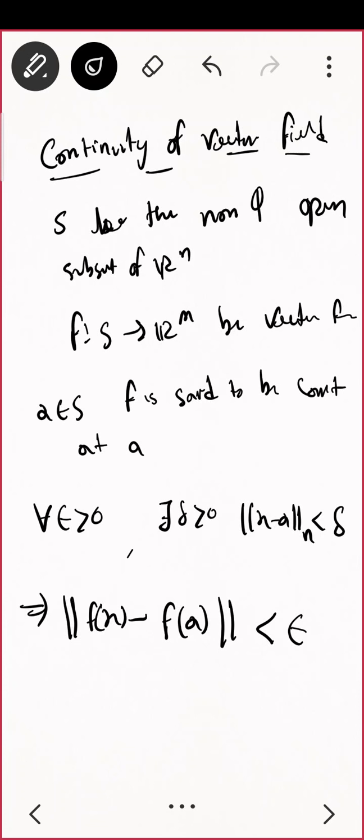Correct? And the next question will be, when do we say the function is continuous? When each of the coordinates is continuous, same as the previous one. So this is also, I give this as a homework to you. Whatever we have done in scalar, same way.